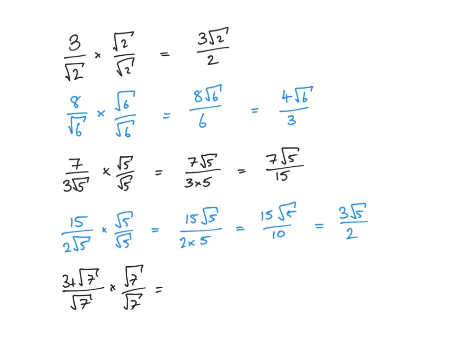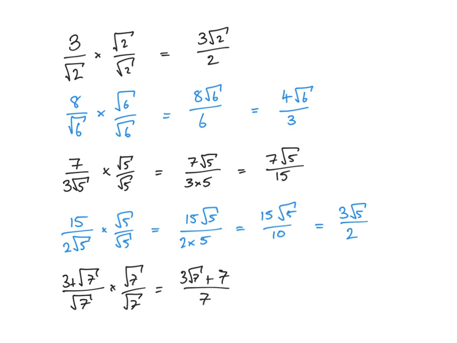Now, when I multiply 3 plus root 7 times root 7, well, 3 times root 7 is 3 root 7, and root 7 times root 7 is 7. So on top is 3 root 7 plus 7. And on the bottom, root 7 times root 7 is 7. And we're just going to leave that like that. This won't simplify much anyway.